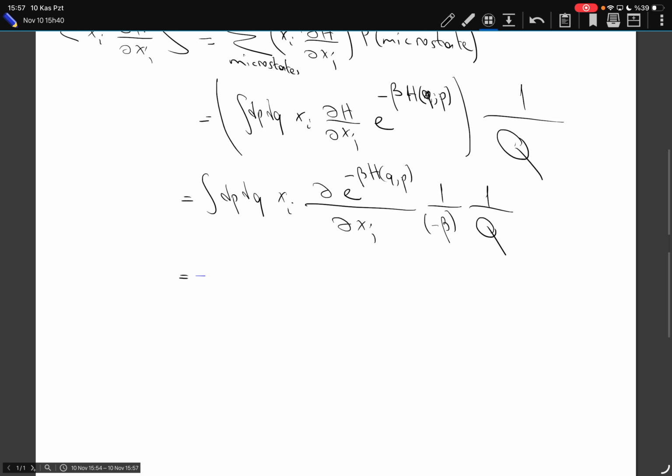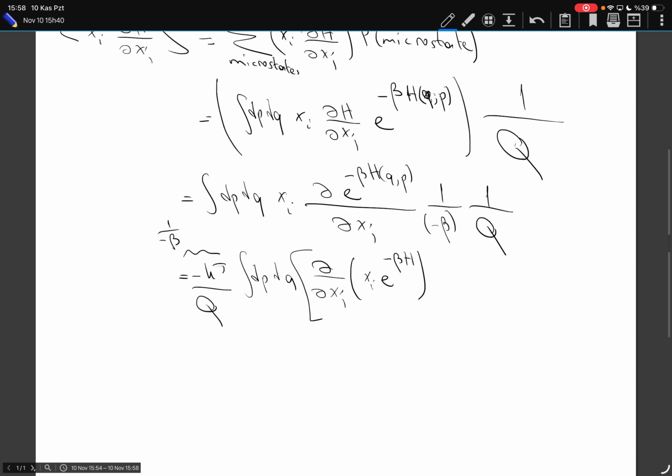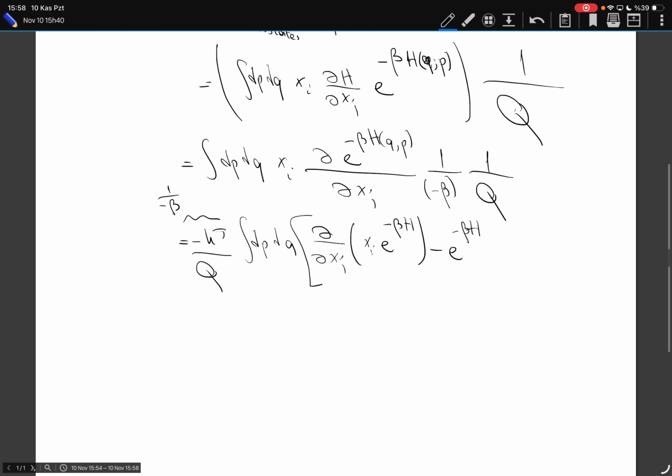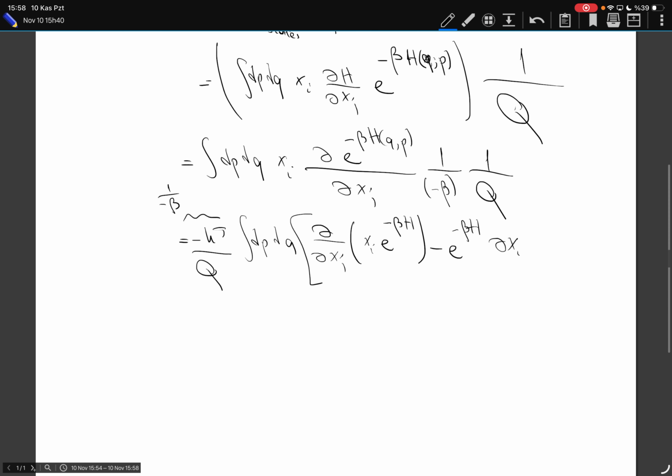This is minus kT. This factor is 1 over minus beta. Let me write the integral over dq dp of the derivative with respect to x_j of x_i times that exponent, minus the exponent times the derivative of x_i with respect to x_j.